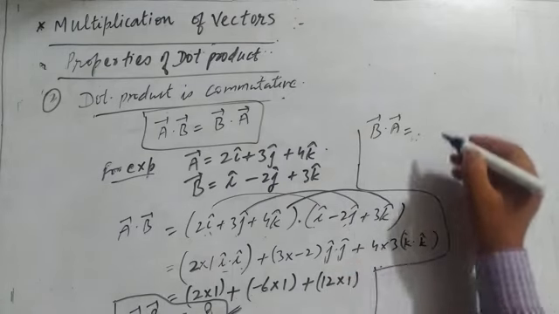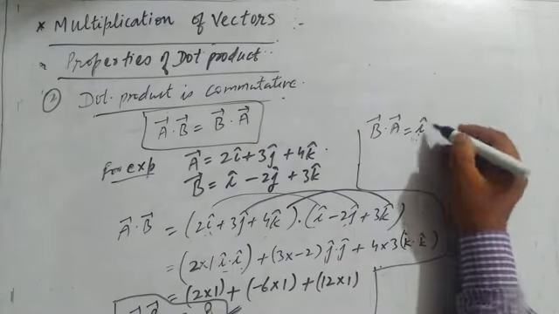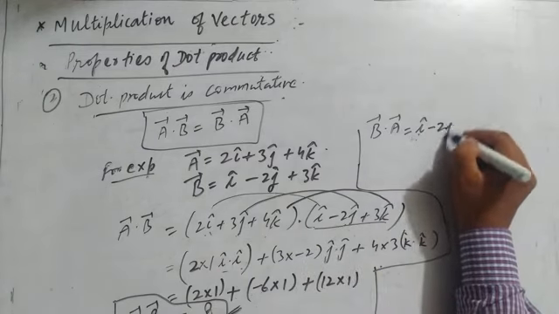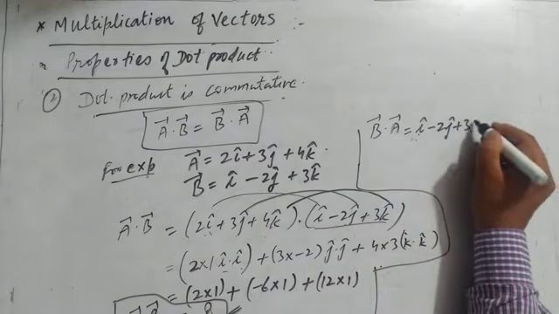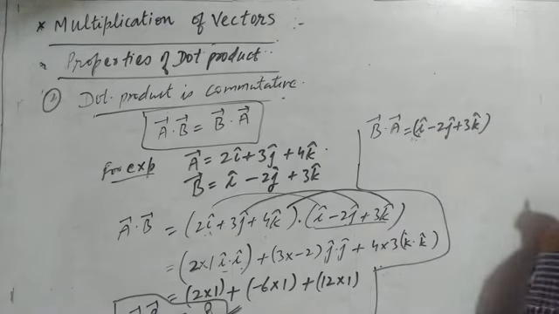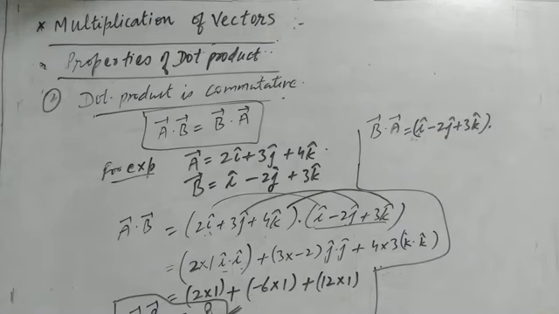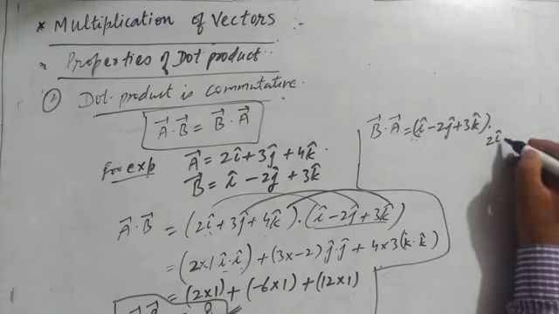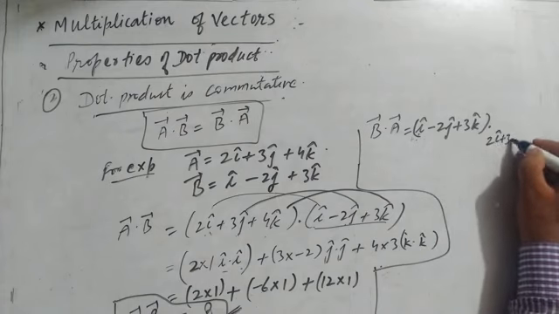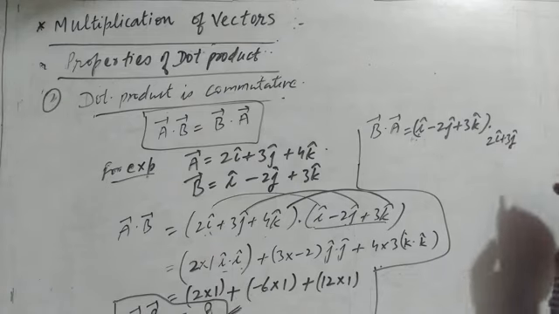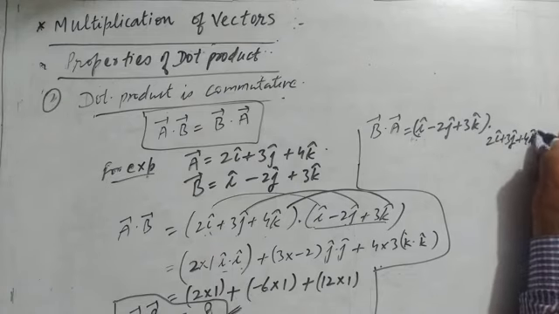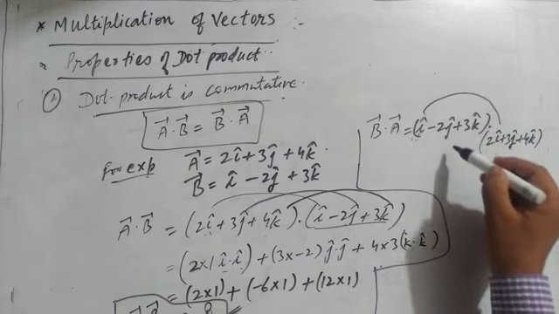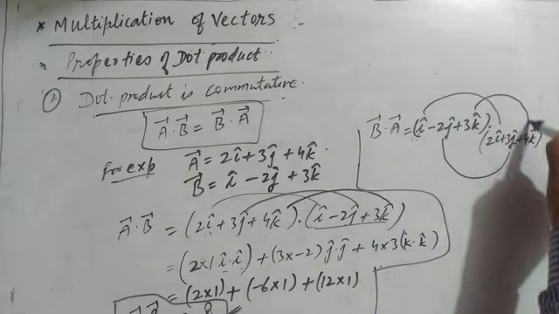Again we will put the values. For the value of b, it is i cap minus 2j plus 3k cap, dot 2i plus 3j plus 4k. i with i, j with j and k with k.